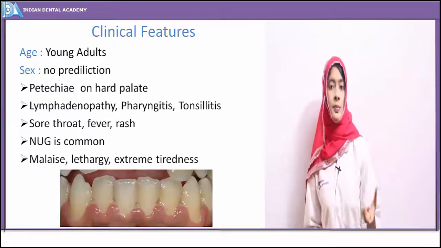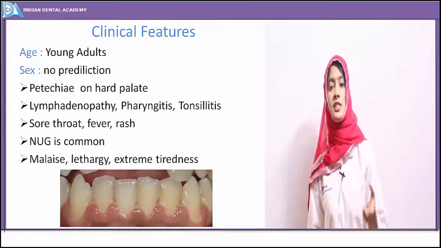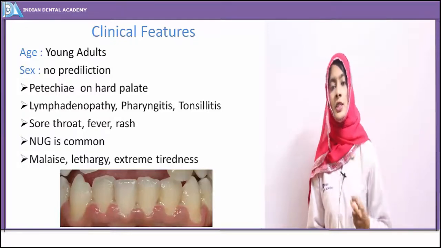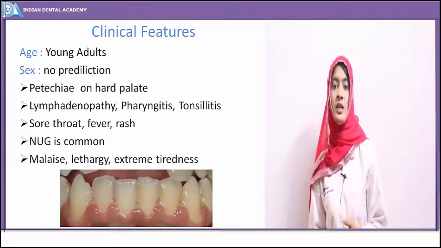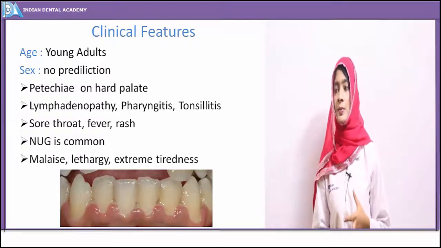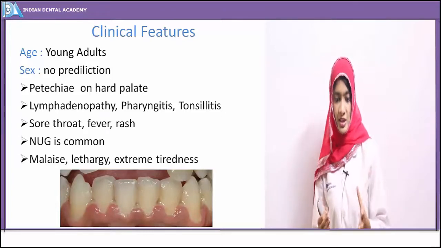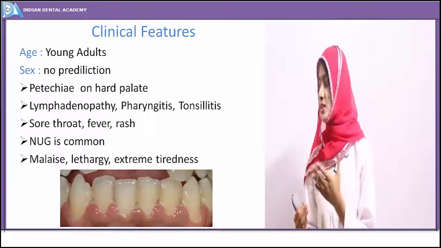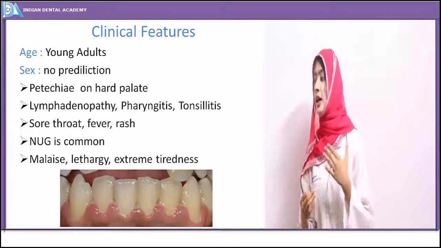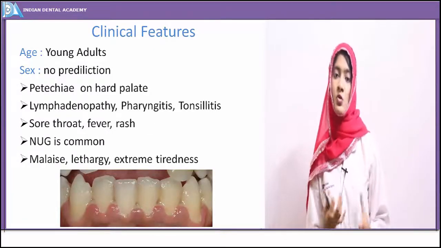Based on the presenting symptom of tonsillitis, the child complains of inability to eat, sore throat, pain, and systemic manifestations like fever, malaise, headache may be present along with that. Characteristically, even before the lymphadenopathy or pharyngitis is noticed, the individual shows generalized weakness of the body.